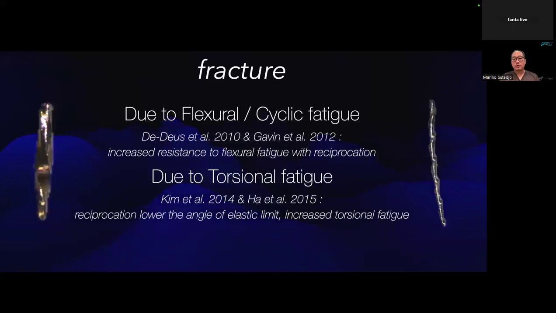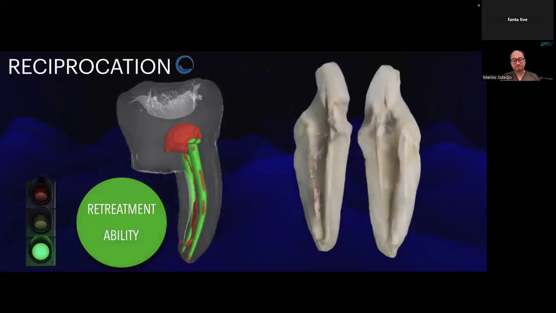Therefore, this file has less risk of torsional fatigue because it never passes the specific angle that can reach the elastic limit. So on the good side, which is creating less instrument fracture, we all have to understand that these motions increase the cyclic fatigue resistance and also the torsional fatigue resistance.